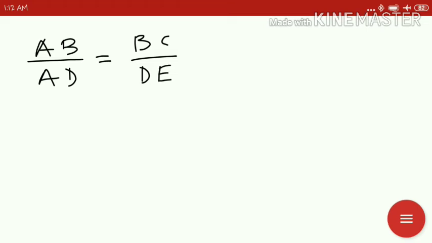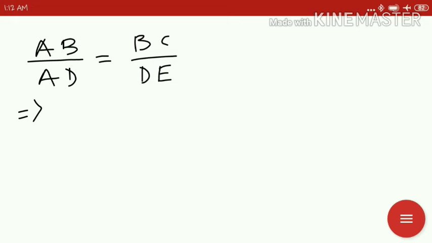We can also take the other sides, but we have taken AB, AD and BC and DE because AB, AD both are the heights of the cone and BC, DE are the radius of the cone. That's why I have taken those.